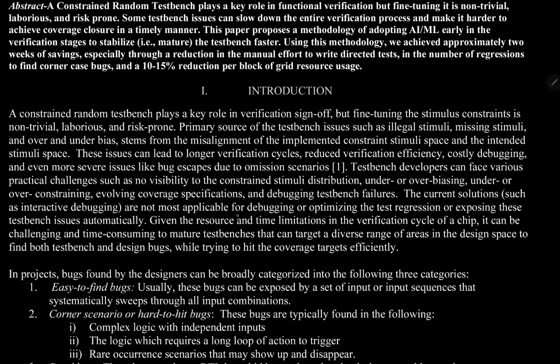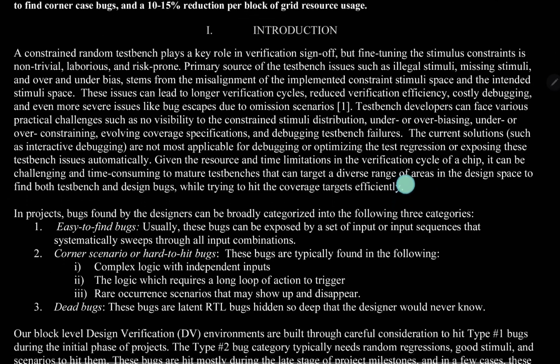Given the resource and time limitation in a verification cycle of a chip, it can be challenging and time-consuming to mature testbenches that can target a diverse range of areas in the design space to find both testbench and design bugs while trying to hit the coverage targets efficiently.